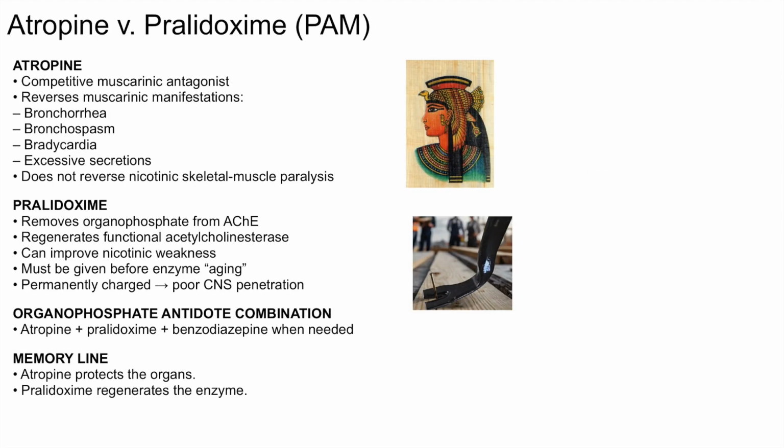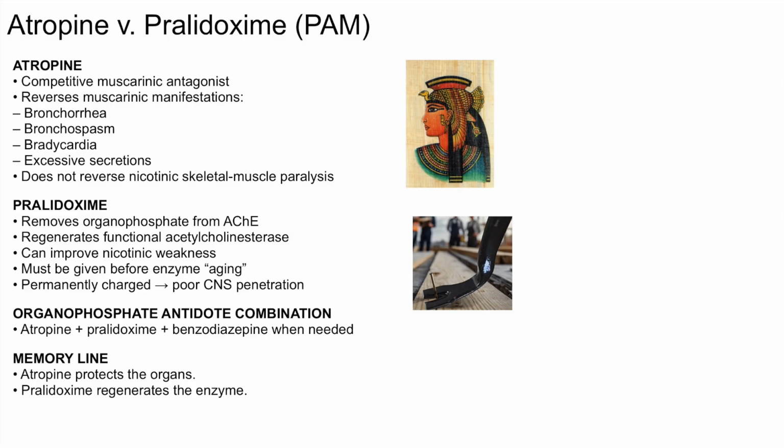So atropine versus pralidoxime. In organophosphate poisoning, atropine and pralidoxime solve different problems. Atropine completely blocks muscarinic receptors, rapidly treating the life-threatening muscarinic findings of bronchorrhea, bronchospasm, bradycardia, and excessive secretions. So it is repeatedly dosed until pulmonary secretions and bronchospasm improve, not simply until the heart rate normalizes. However, atropine does not restore acetylcholinesterase and does not directly reverse nicotinic skeletal muscle weakness.